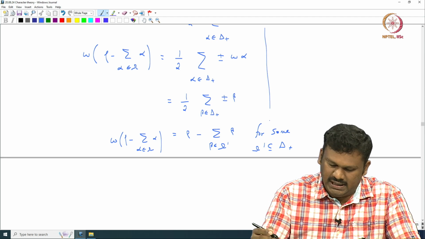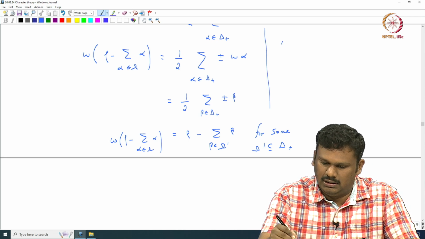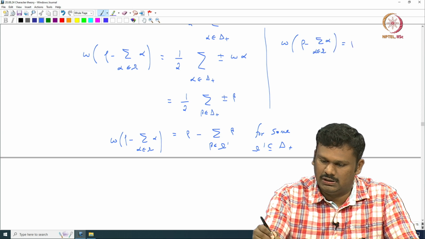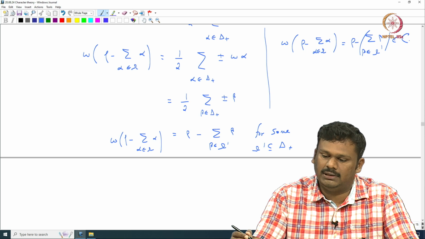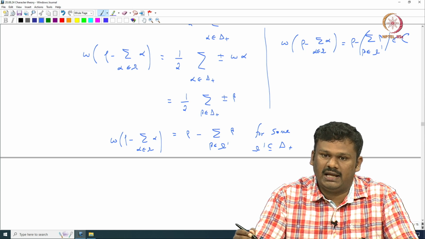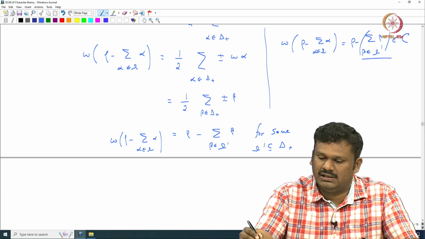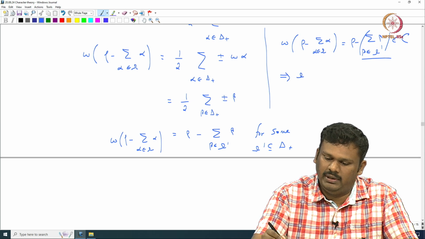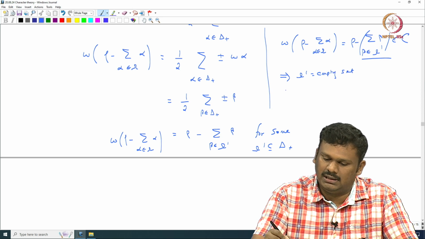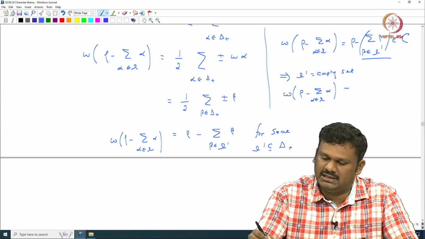So this element is in the fundamental chamber. But we already observed that for any subset, if this element is in the fundamental chamber, then the subset must be empty. So that forces omega dash to be the empty set. Because it is an empty set, you get W of rho minus the summation of alpha, alpha in omega is exactly equal to rho.